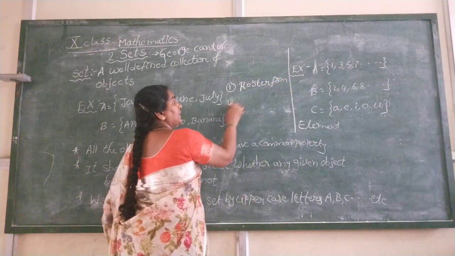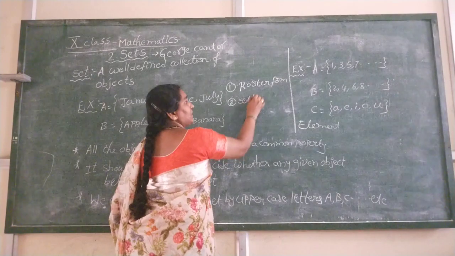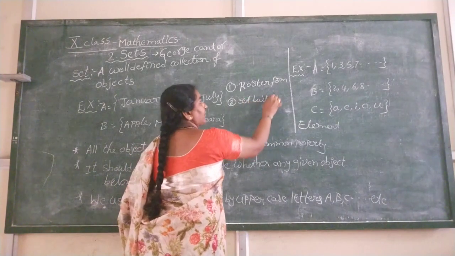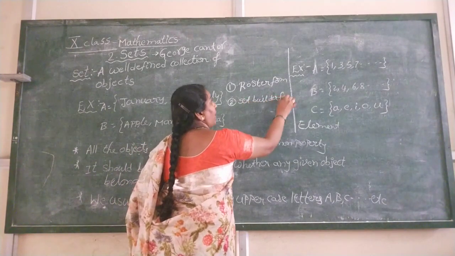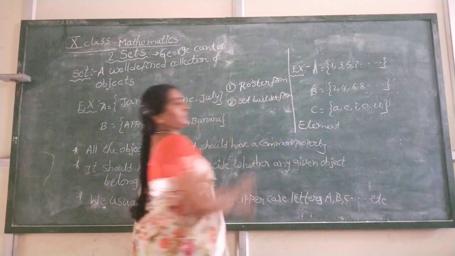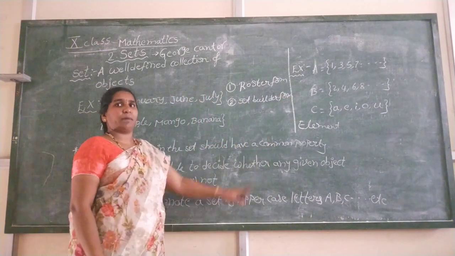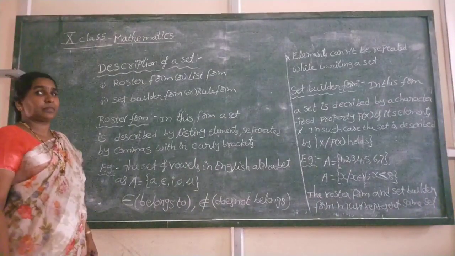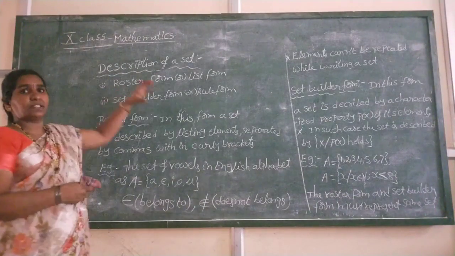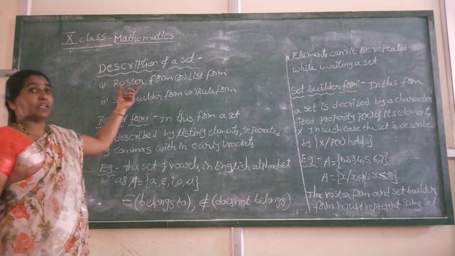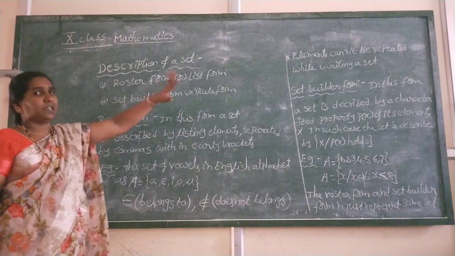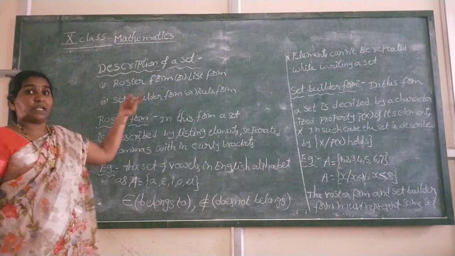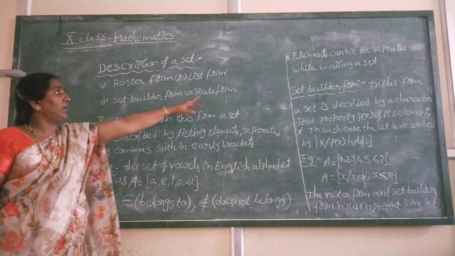Second one is set builder form or rule form. We describe sets in two ways: roster form or list form, and set builder form or rule form.